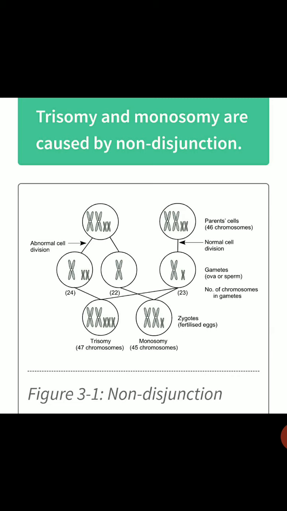We know that Turner syndrome is because of monosomy condition, and Down syndrome because of trisomy condition, as we have seen. Here you can see how the division takes place. Here separation of chromosomes does not take place. That is why it becomes 47. Just see, one extra copy of chromosome gets joined here. But normally in this condition, monosomy occurs if one is absent.